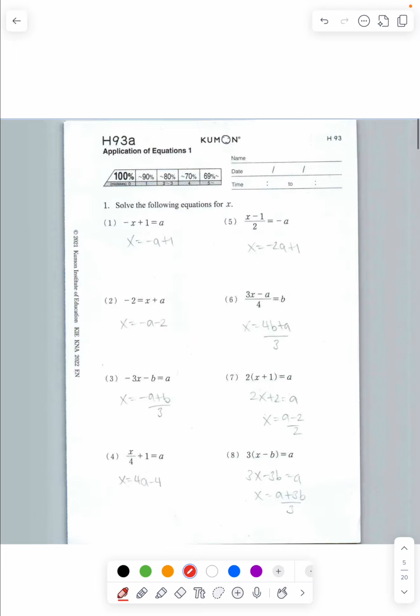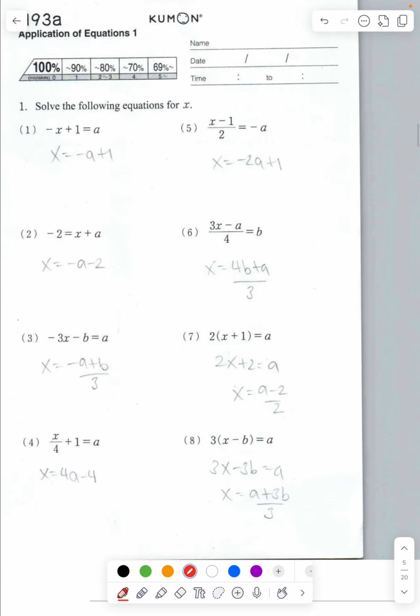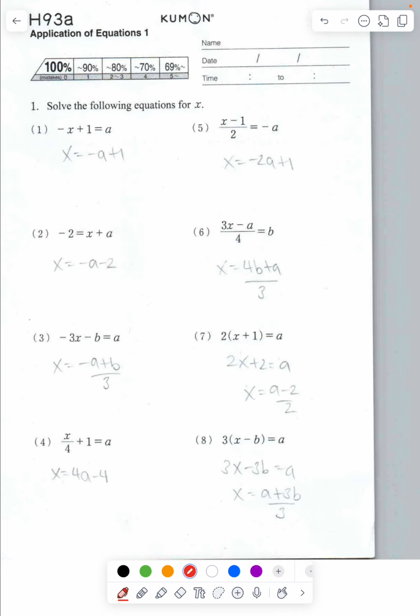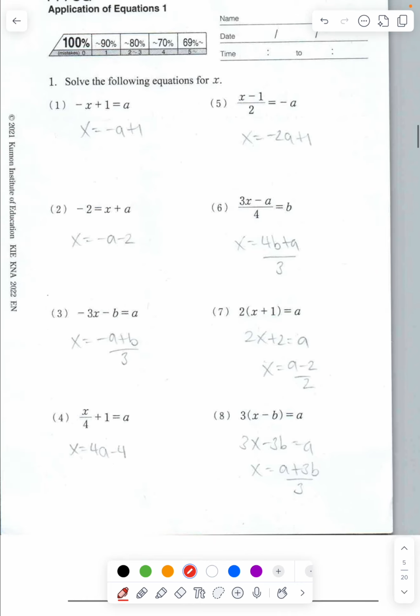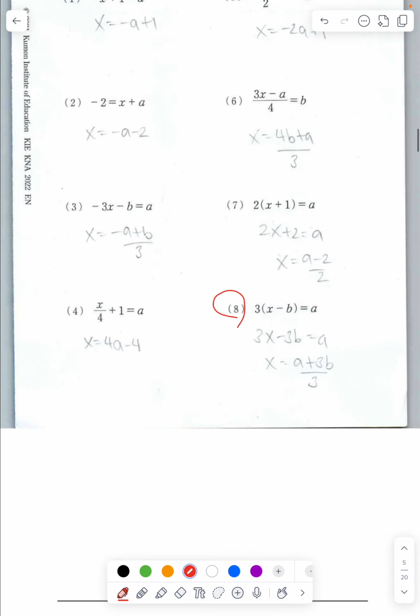93a. This is just an exercise for what you just learned. I would just get you to do question number 8 to try it out. Very nice.